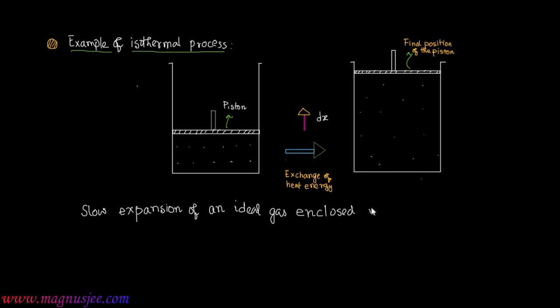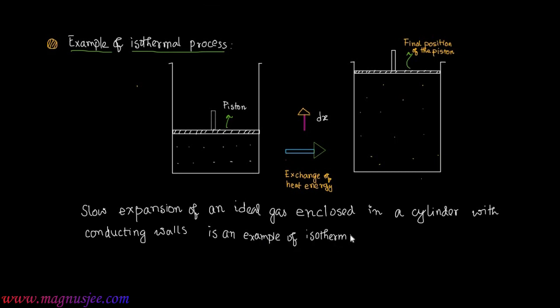Slow expansion of an ideal gas enclosed in a cylinder with conducting walls can be assumed as an isothermal process.